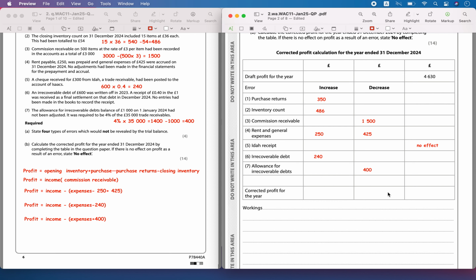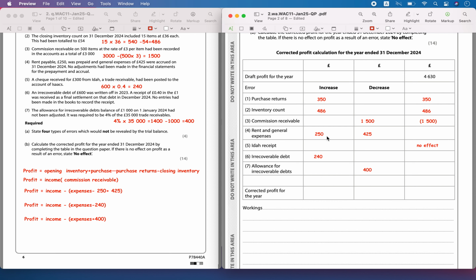So now let's calculate the corrected profit accordingly. The first one, this 350, I'm going to add, and 486 we are going to add. Then 1500 we have to decrease, so let's put a bracket around this.